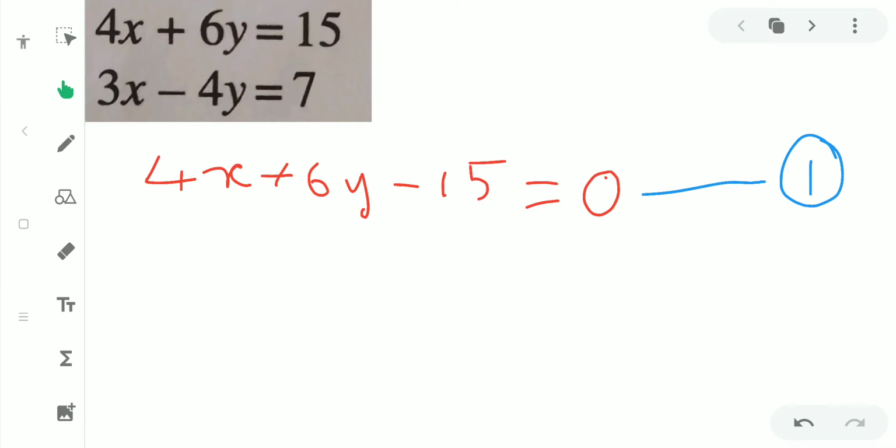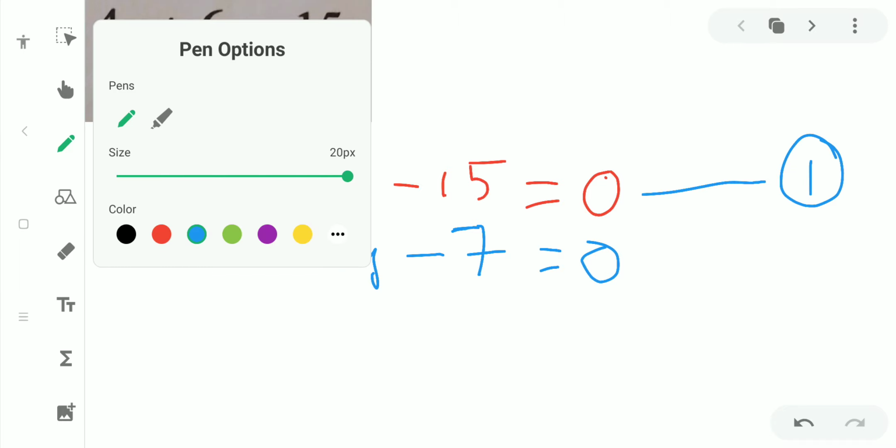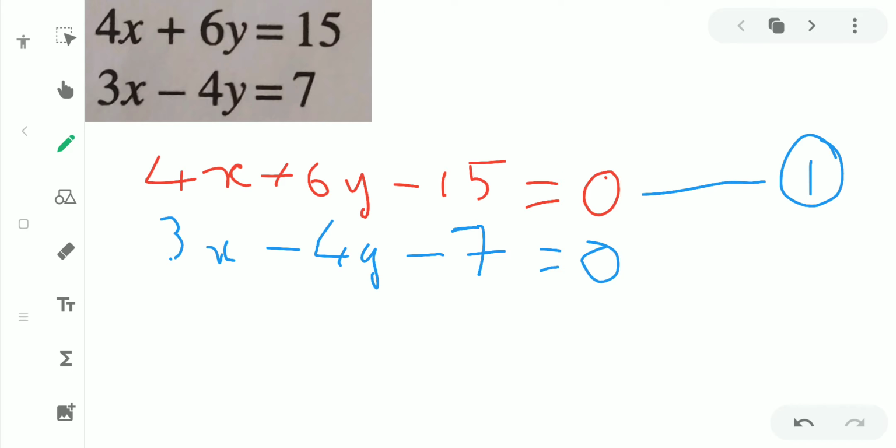See, 3x minus 4y minus 7 is equal to 0, which is our second equation.